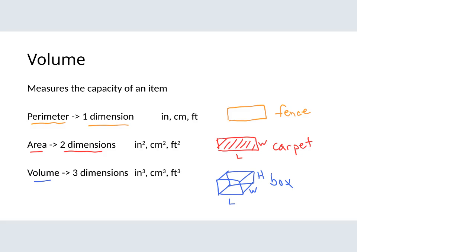Like when you go to buy a refrigerator, they'll talk about the volume of the refrigerator. Often it's in cubic feet because we have three dimensions. And so that's why we have cubic inches, cubic feet, cubic centimeters. It's how much stuff you can fit inside. And that's what volume means.